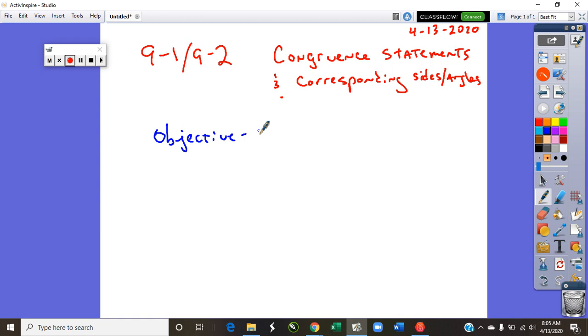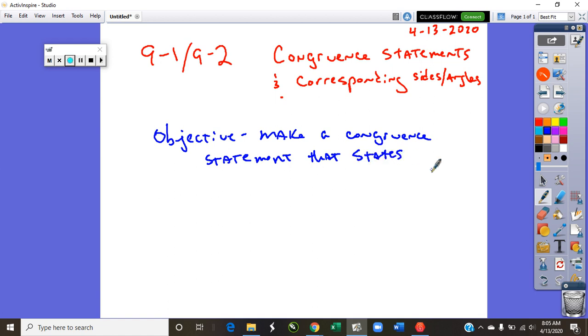is to make a congruence statement that states two objects have the exact same shape and size.